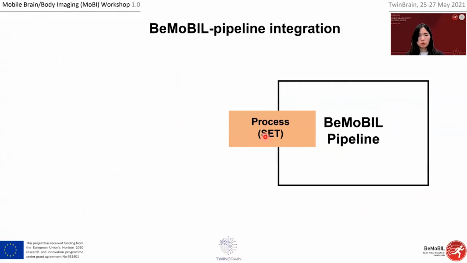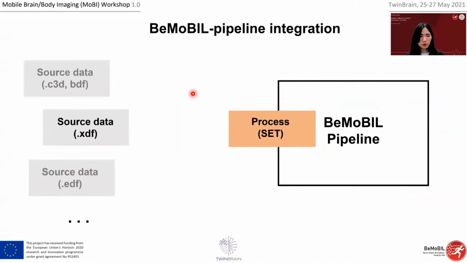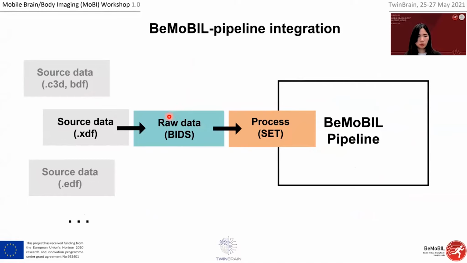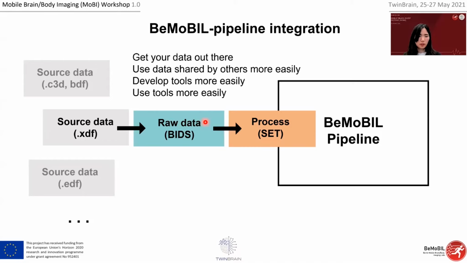So to integrate this process of having data in BIDS format, we use the following workflow. From source data, before we go directly to set files, we convert this first to raw data in BIDS. The advantage of this is that you can get your data out there, share this with others, and use data that's shared by others with more ease.